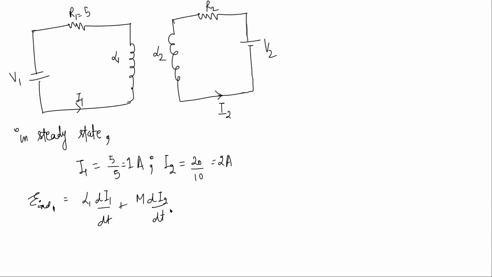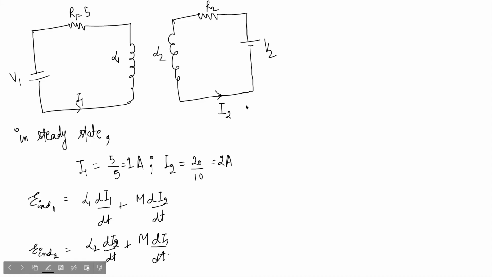When I'm gonna teach you this EMI, I'm gonna give you the proof of this also. And the EMF induced in the second circuit is L2 di2 by dt plus M di1 by dt.